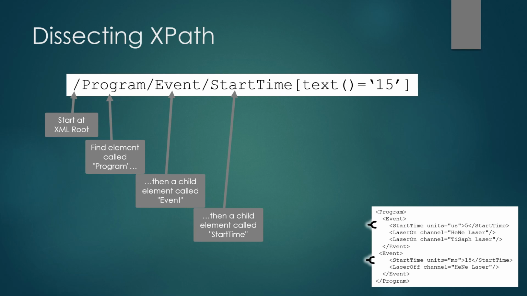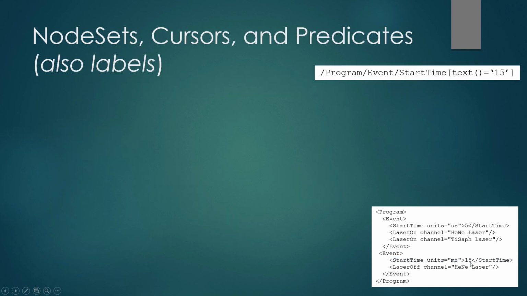The last element in the square bracket is known as a predicate. It's saying the phrase, find the thing with the number 15. Now let's talk a little bit about that vocabulary: node sets, cursors or axes, predicates, and also labels. So we have our expression up at the top here, and we have our destination down here.